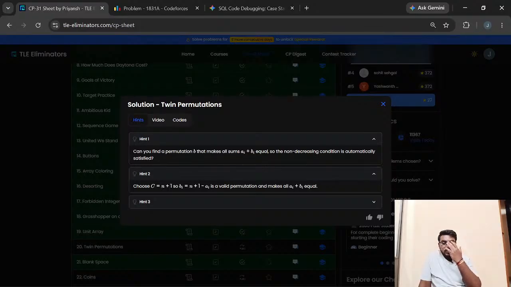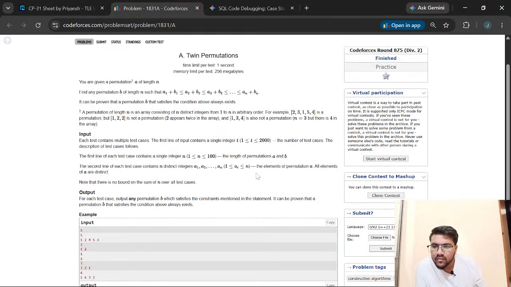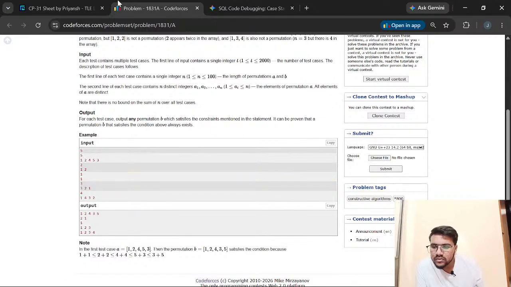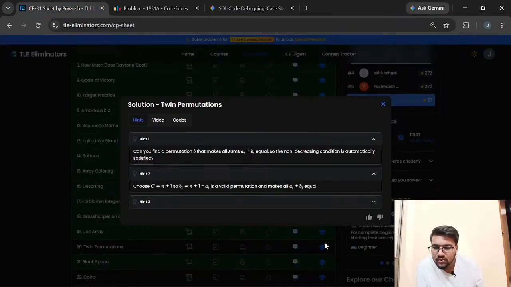So b i equals n plus 1 minus a i is a valid permutation, and that makes a i plus. What is c here now? Choose c equals n plus 1. So b i is equal to n plus 1 minus a i.